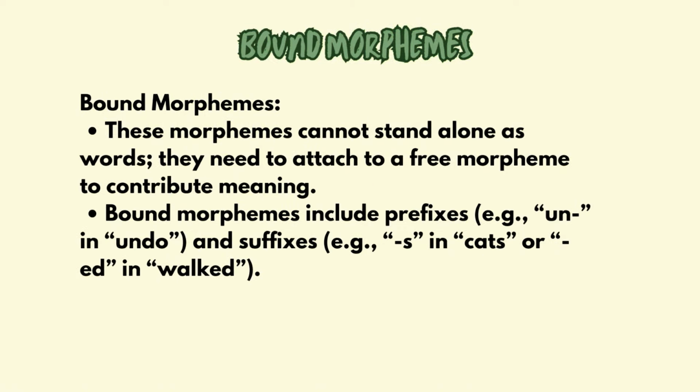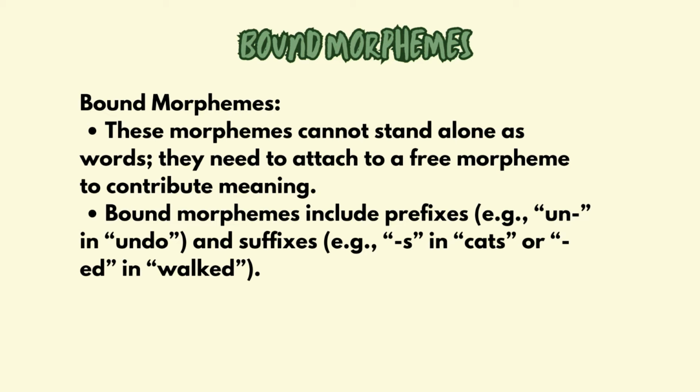Next, bound morphemes. Bound morphemes cannot stand alone as words. They need to attach to a free morpheme to contribute meaning. Bound morphemes include prefixes, for example un- in undo, and suffixes, for example -s in cats or -ed in walked.